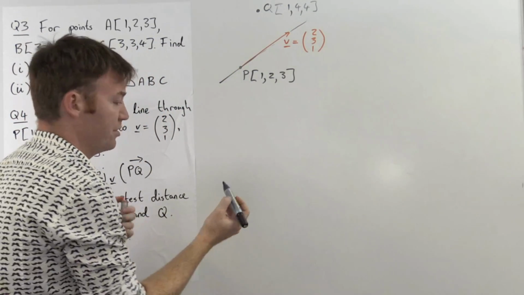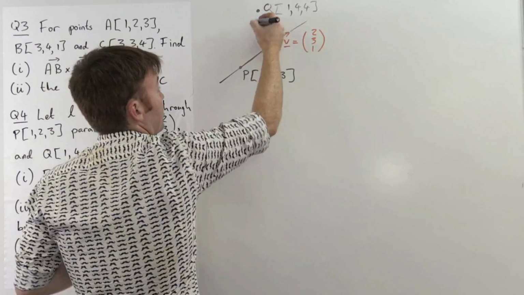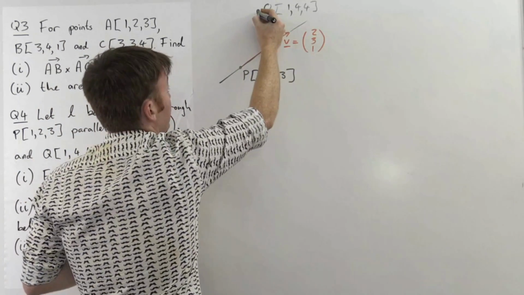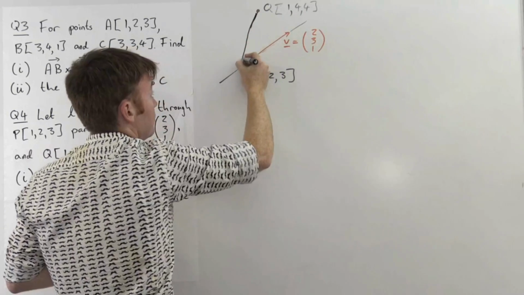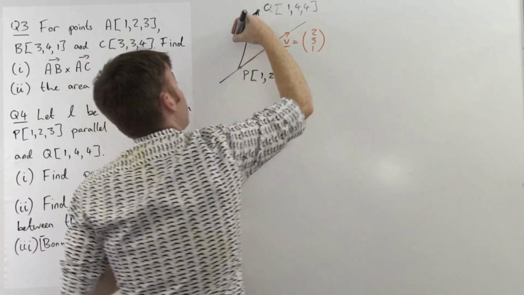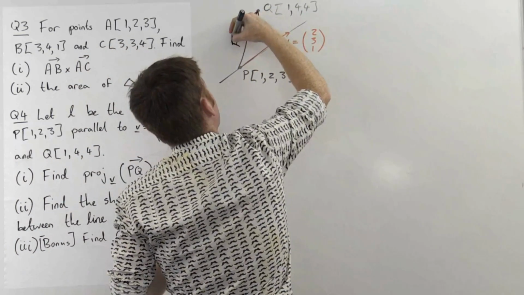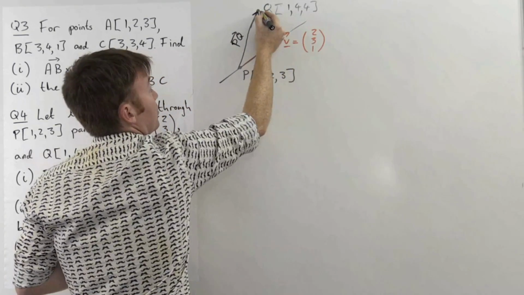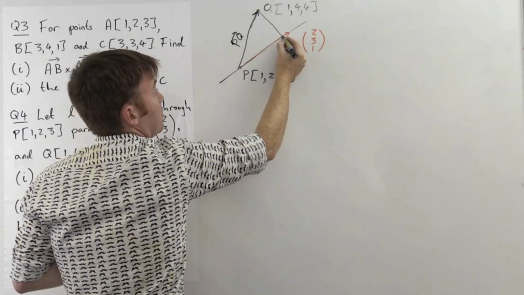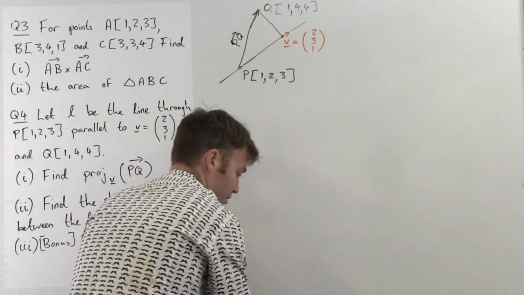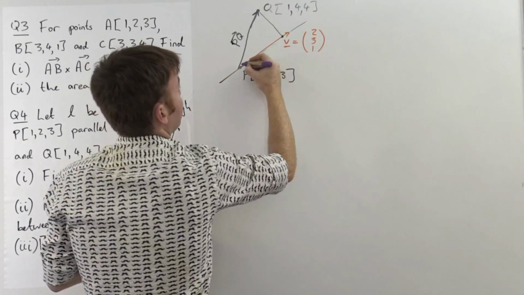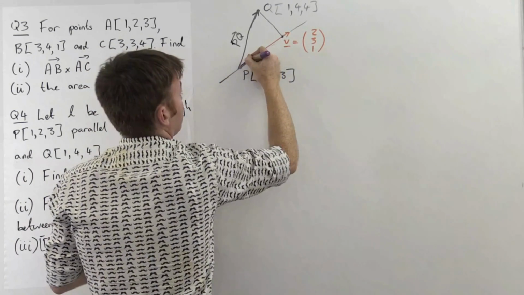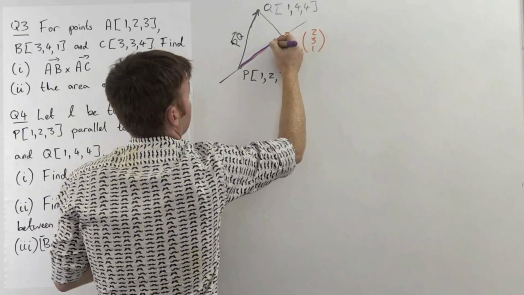And what the projection always does is, well, the projection of PQ is PQ. The projection of PQ onto V gives you this vector, which I'll draw in purple, here.